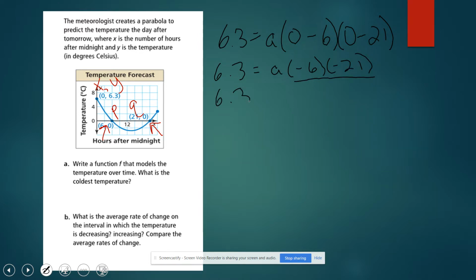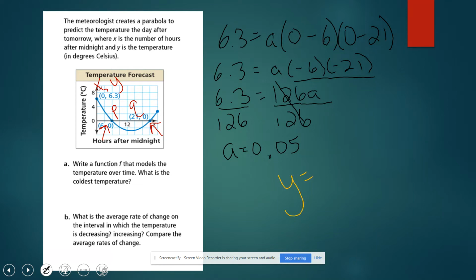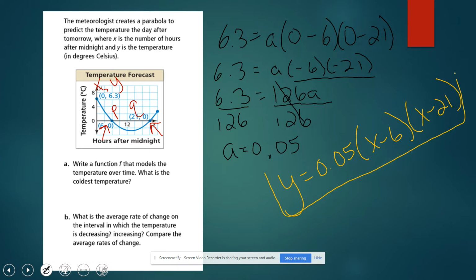Multiply that together. Negative 6 times negative 21 is 126A. Divide both sides by 126 to get A alone, and we get A is 0.05 or 5/100ths. Go back and fill in for our actual equation. We have y is equal to 0.05 times (x minus 6) times (x minus 21).